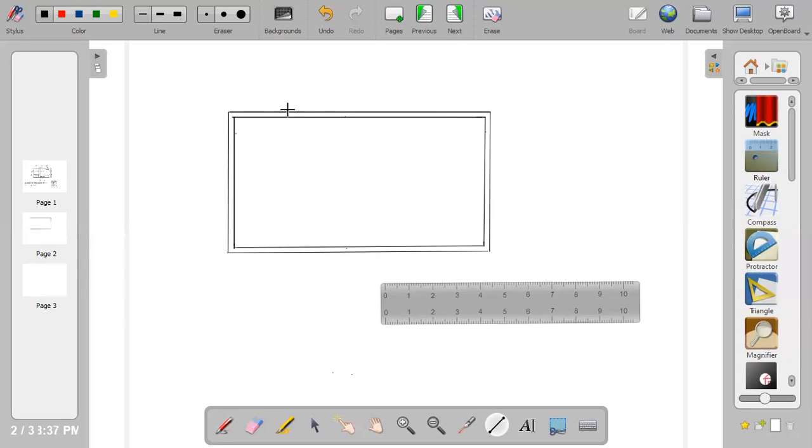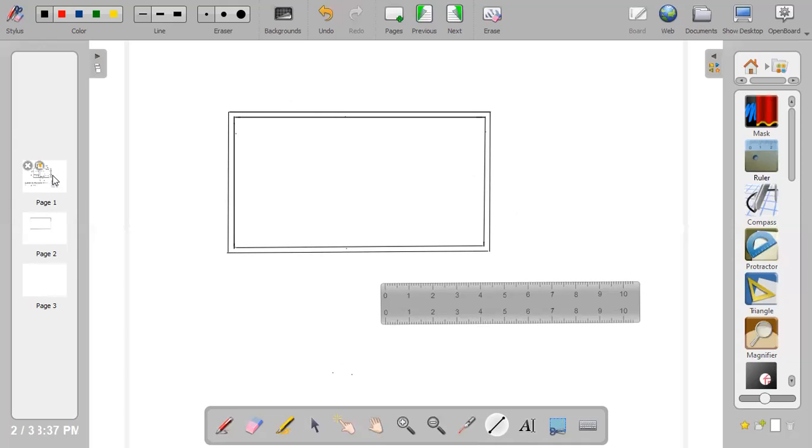Then this one is an extension. I'll pick up my eraser and clean up the little extension which has affected my drawing. So I'll go back, project it. Then I'll also close it up.